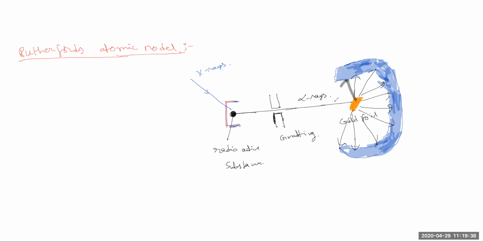Now see the observations. This is the gold foil. Next, just observations. You can observe here also a small diagram.